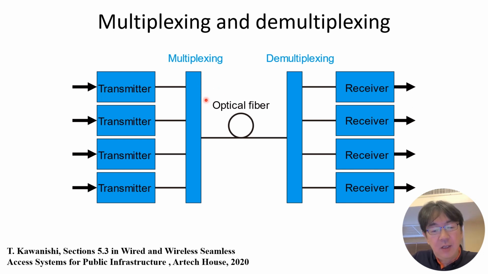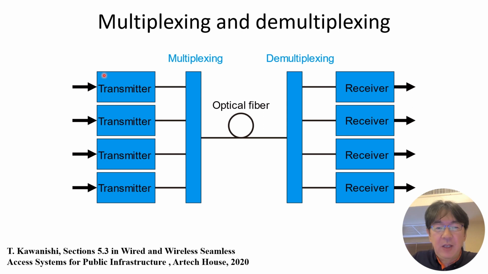But the transmission speed will be limited by the bandwidth of the electric signal and the modulation speed of the device, which the device can handle. So to increase the total transmission capacity, we often use a multiplexing technique.